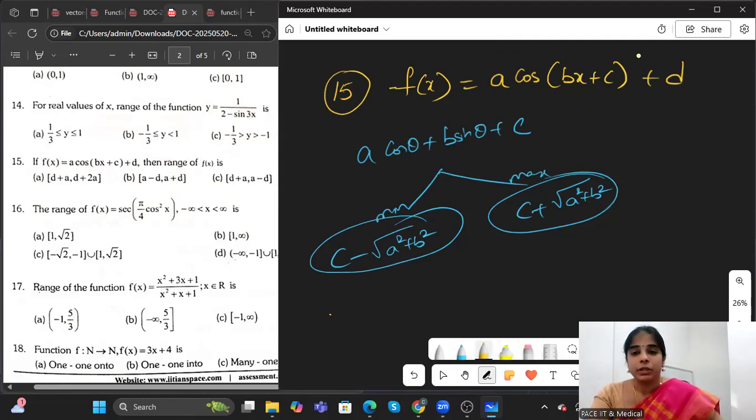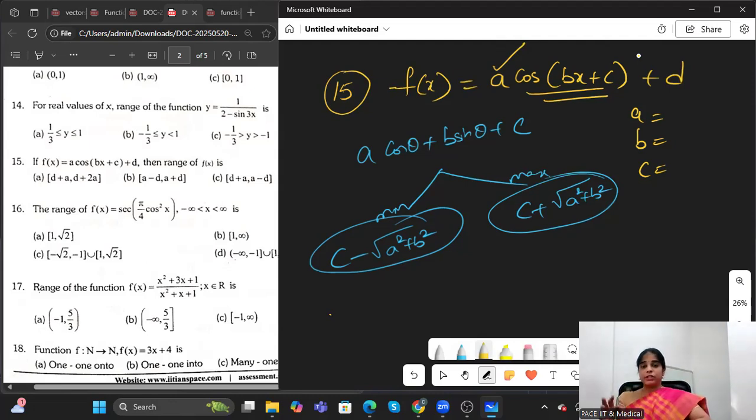Right, now tell me what is A, B and C for the given question here. So A is A only because A cos something. It can be any function, any theta there, doesn't matter at all. So A is A only. B sine theta, B is not there because the sine theta term itself is not there.